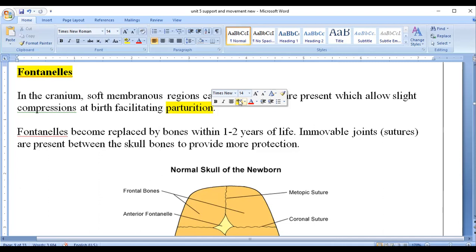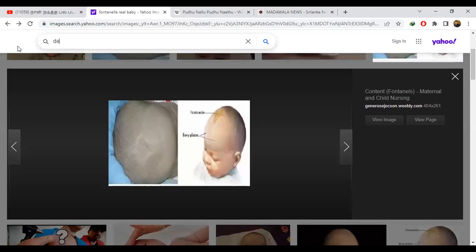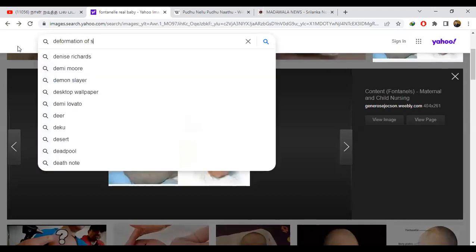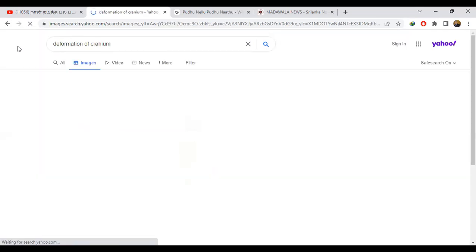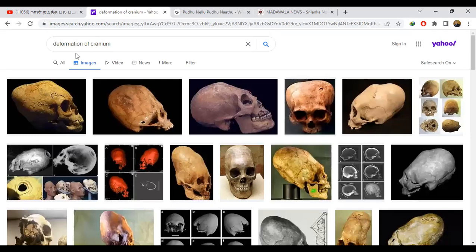Immovable joints are present between the skull bones to provide more protection. So actually, until the fontanelles become harder, we should be very careful. Otherwise, sometimes it can create deformation of the skull or cranium. The cranium can be deformed. One side will be larger.